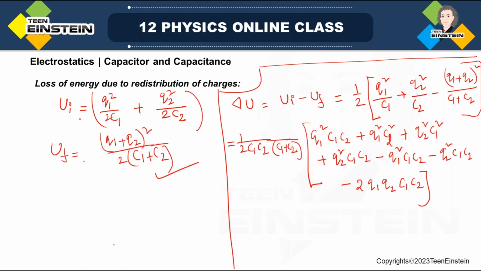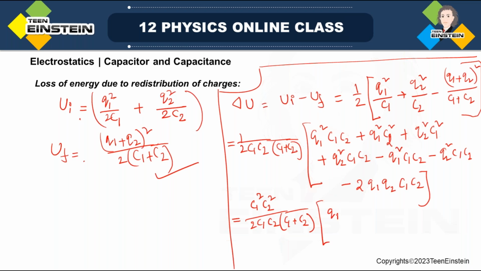Okay, so if we further simplify this, what will happen? Upon further simplifying, we'll get C1 C2 into C1 square C2 square in the denominator, C1 C2 into C1 plus C2. Okay, so let us do further simplification.